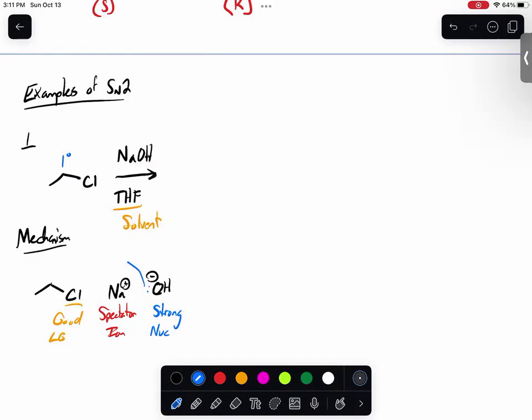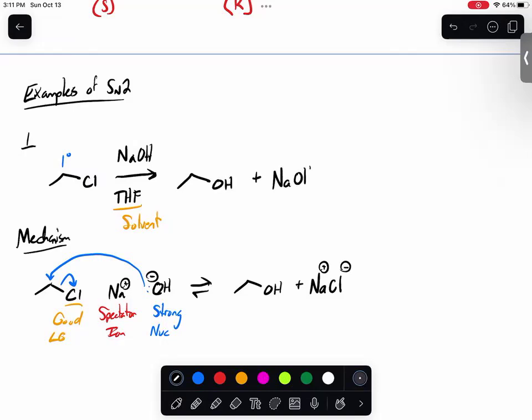The strong nucleophile is going to come on in, backside attack, and kick out that chlorine. And what we'll end up with is we've substituted the chlorine for the oxygen. Keep in mind the oxygen still has a proton attached to it, so now we have the alcohol. And we've made sodium chloride, right? Because it's just Na plus Cl minus. So overall, this reaction gave us those products. Whoops, not NaOH, NaCl. And keep in mind that since this carbon here has two hydrogens attached, it is achiral, right? So we don't have to worry about stereochemistry.